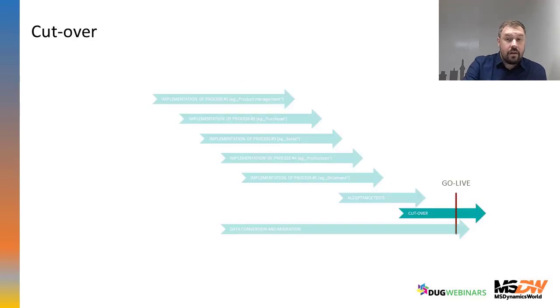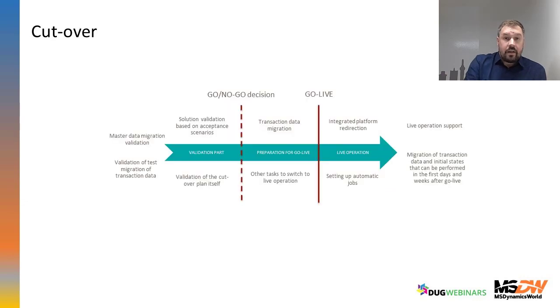And at the end of the project is the cutover plan, which leads to go live. The cutover plan has 2 parts. The first part is the go no go decision, because the go no go decision can move the go live line several times, somewhere later in time if needed, of course, because there are some prerequisites which have to be fulfilled to make the go decision.